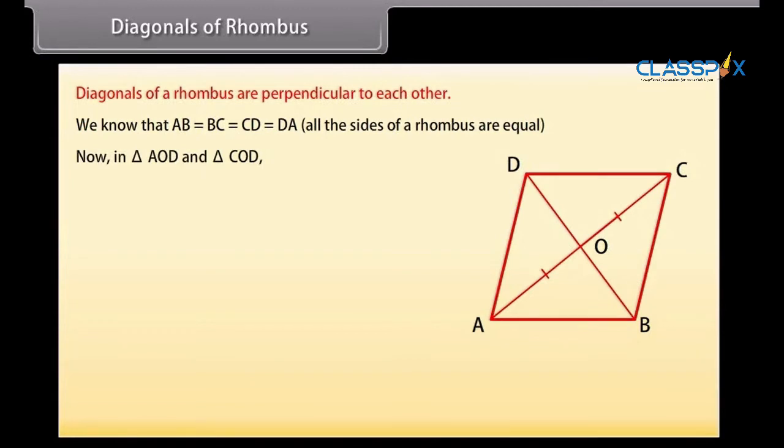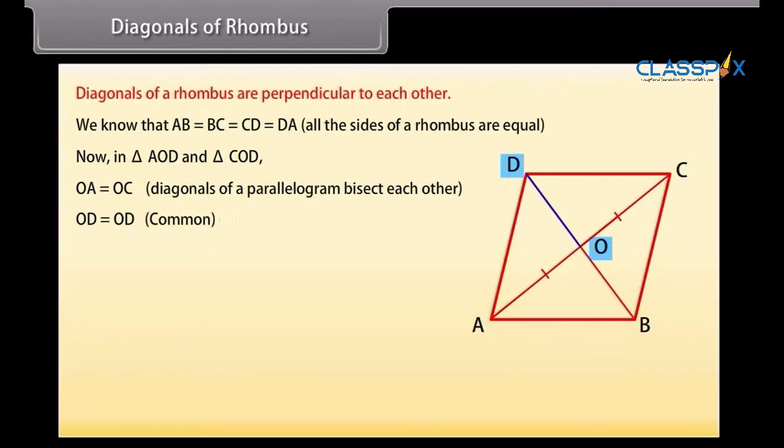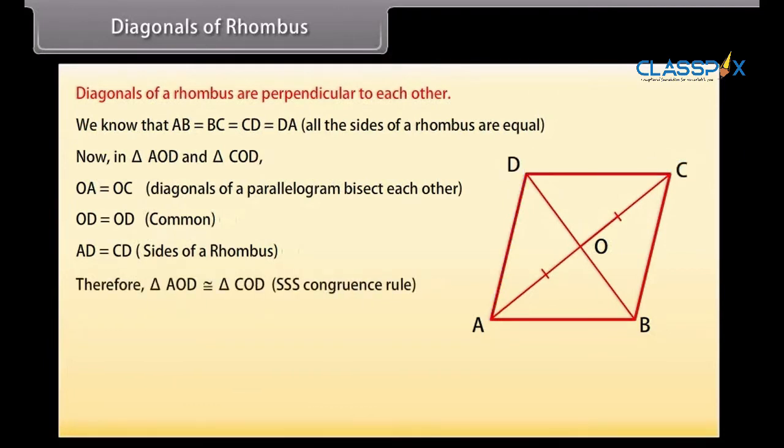Now, in triangle AOD and triangle COD, OA is equal to OC because the diagonals of a parallelogram bisect each other. OD is equal to OD, common. AD is equal to CD, sides of a rhombus. Therefore, by using SSS congruence rule, triangle AOD is congruent to triangle COD.